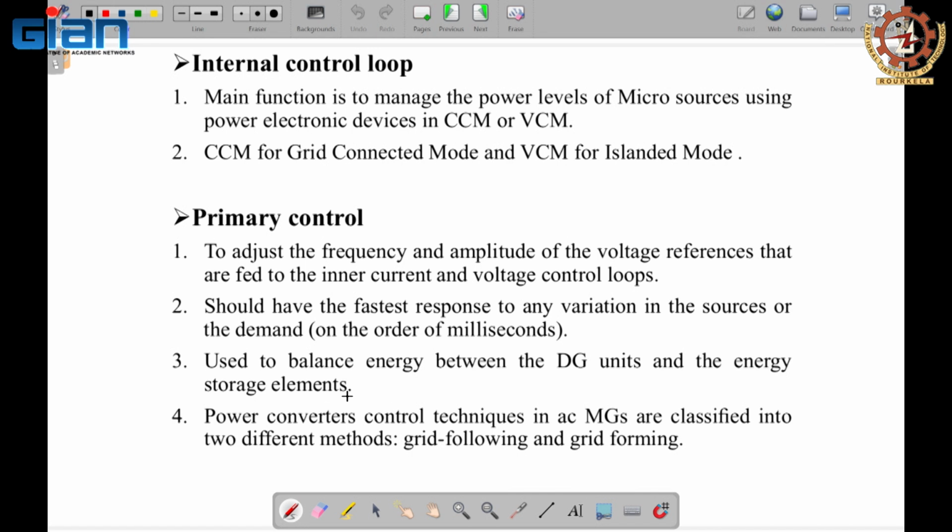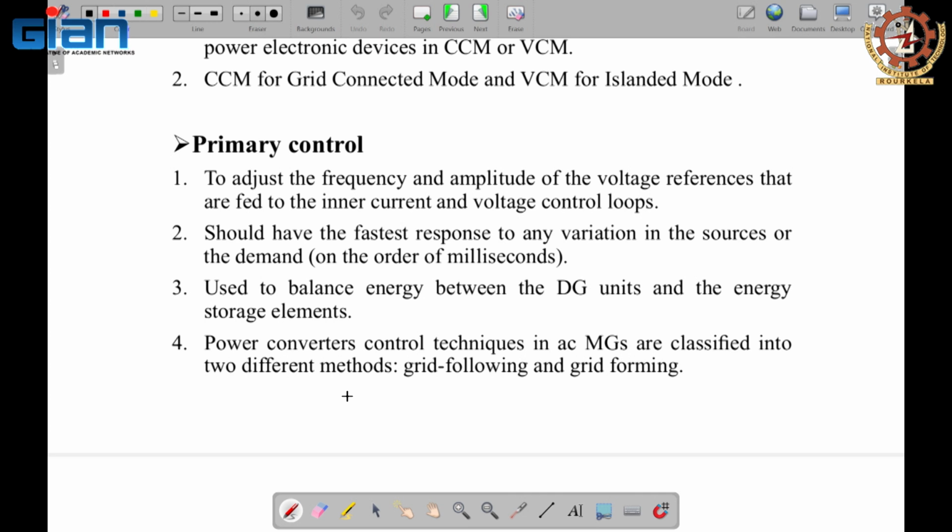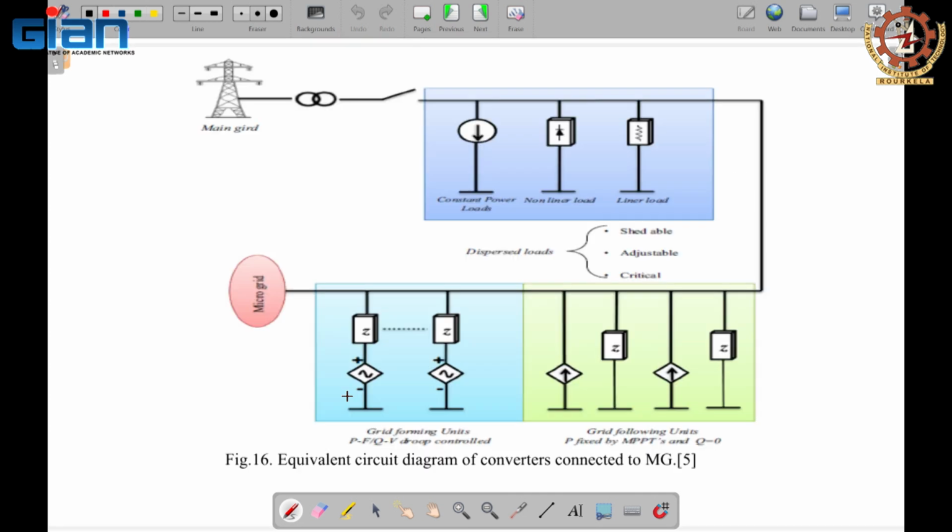So we will see a little bit more in another session, but here to briefly explain what you will see, this is called grid forming and grid following.